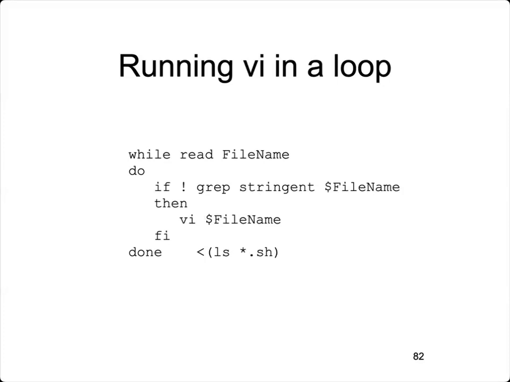The solution to this is to tell while to use a different file descriptor. So we can use the third file descriptor here, pump it into the third file descriptor, but here, translate it back to standard in for the read command.